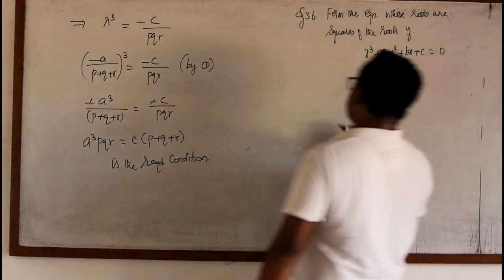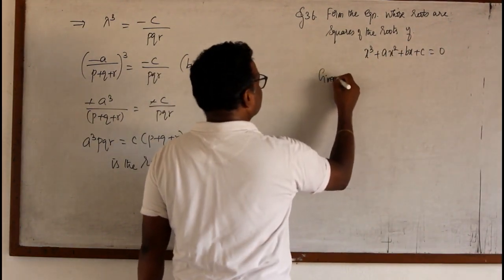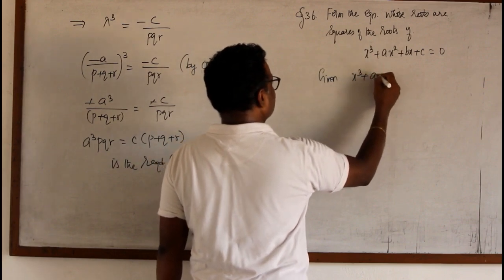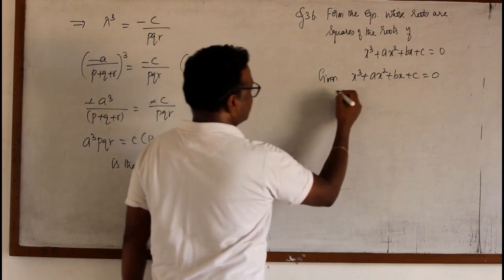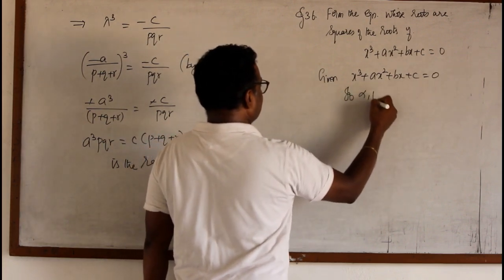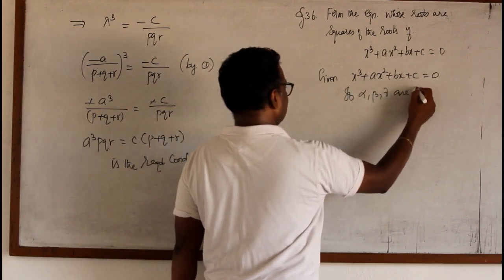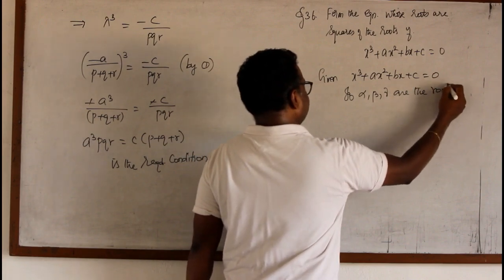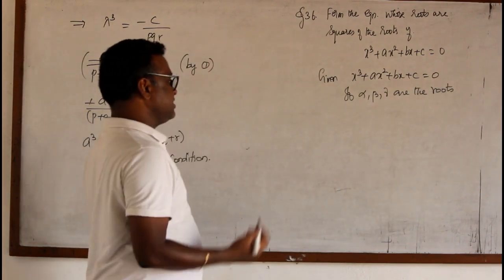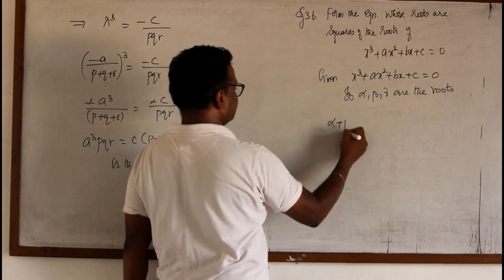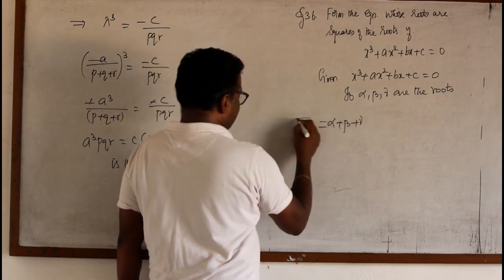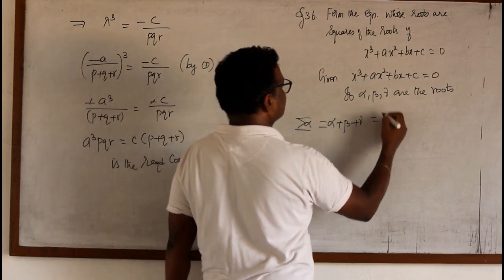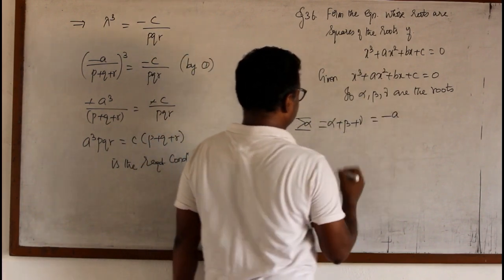Suppose it is given x cube plus ax square plus bx plus c equal to 0, and alpha, beta, gamma are the roots. Then immediately we find all the relationships we have. That is alpha plus beta plus gamma, we write as sigma alpha, equal to minus a.